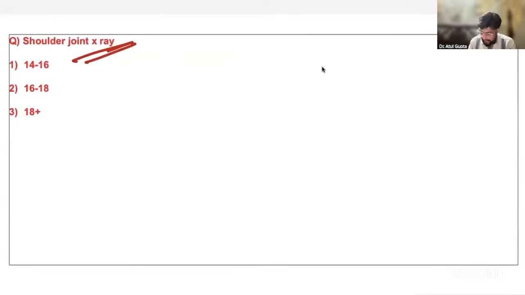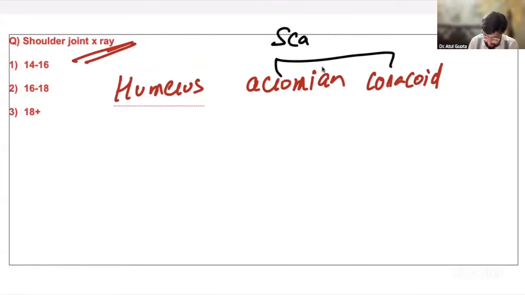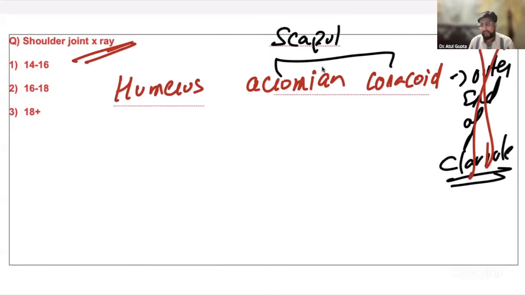In the shoulder joint you see the humerus, the acromion process and coracoid process of the scapula, and the outer end of the clavicle. The outer end of clavicle will not give us any information. It is the inner end of clavicle which helps, not the outer end.